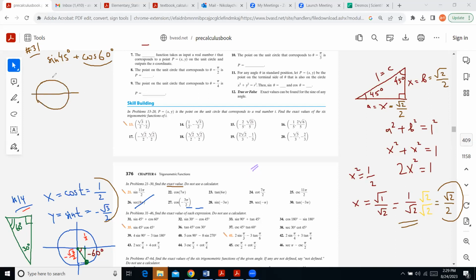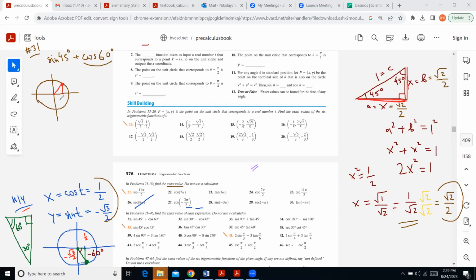If I take a 45 degrees angle, which breaks this into 2 equal pieces, we already know that the sides of this triangle are both the same, and they are both square root 2 over 2, right? Here and here.